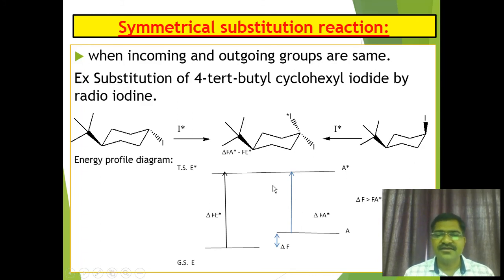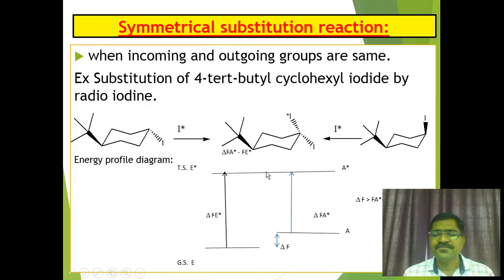And this is Fa star minus Fe star. This excited state difference is 0, that is, Fa star minus Fe star is 0.